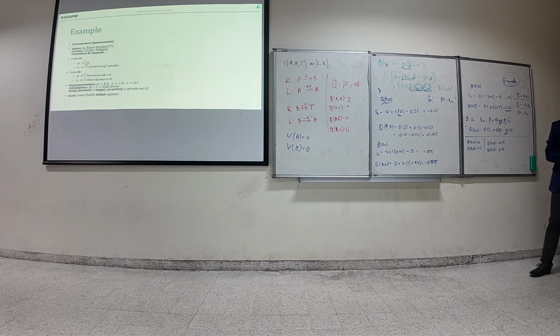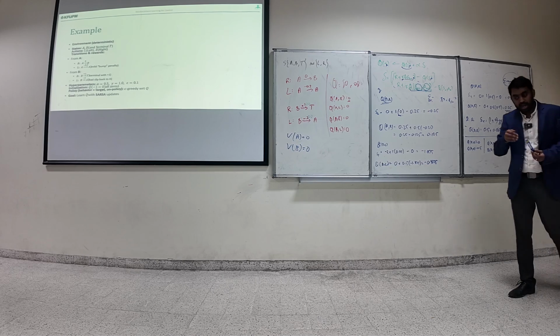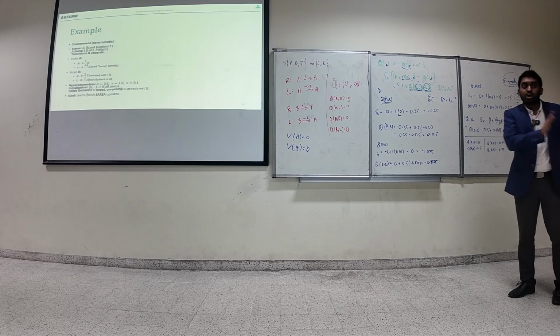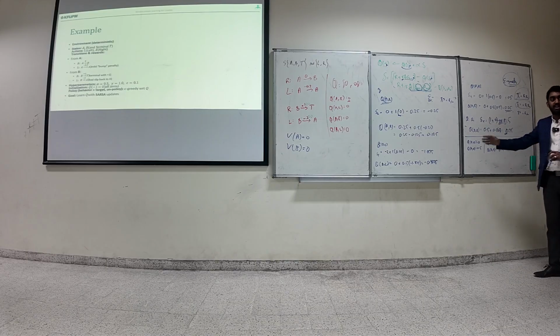We didn't use the same QAR and QBR in the same iteration because QBR leads to a terminal state. If you take a right in B, you will not go to A. That's why we did not have to use the values of QAR.